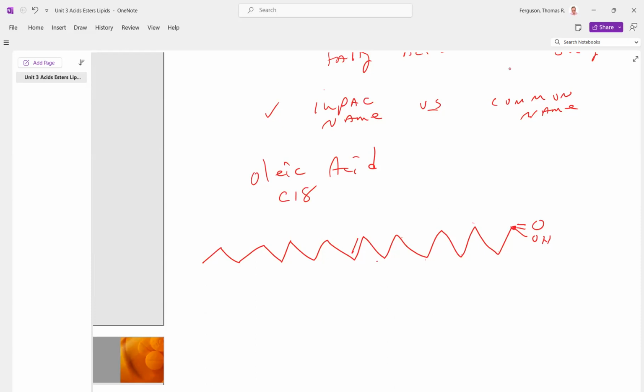Now that's trans, normally it's cis. So this would be trans oleic acid as opposed to cis oleic acid.